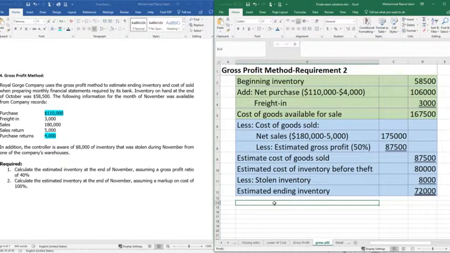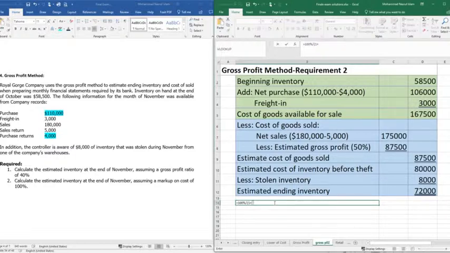So when the markup on cost is 100%, we calculate the gross profit on sales as 100% divided by 1 plus 100%.